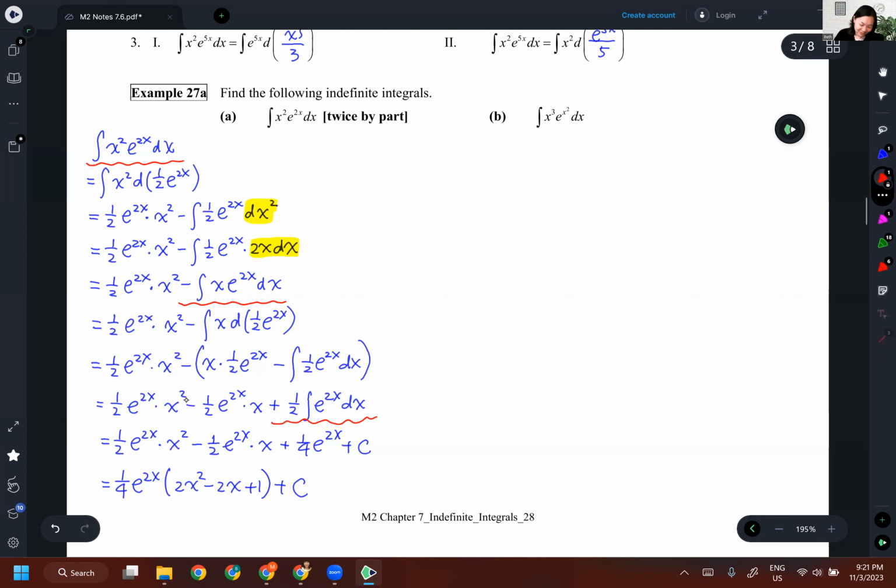Okay, that's one kind of difficulty. Part B is another kind of difficulty, because in part B, the inside of the exponential is a square. So this is what we do. I will split x cubed into x squared and x and write it this way.